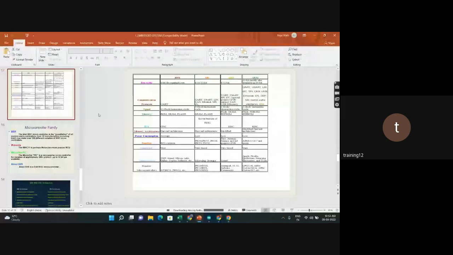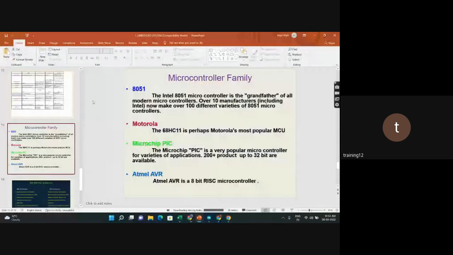So there are many microcontroller families, and first of all is the 8051. This is a very popular microcontroller family. The Intel 8051 microcontroller is the grandfather of all modern microcontrollers. Over 10 manufacturers, including Intel, now make over 100 varieties of 8051 microcontrollers. Next is Motorola: the 68HC11 is perhaps Motorola's most popular MCU.